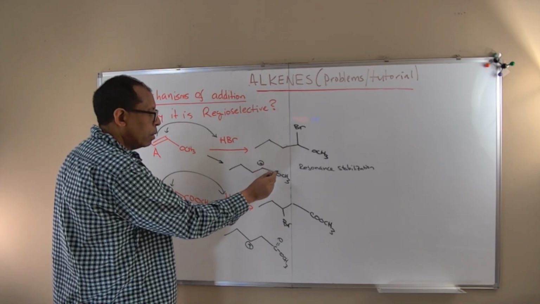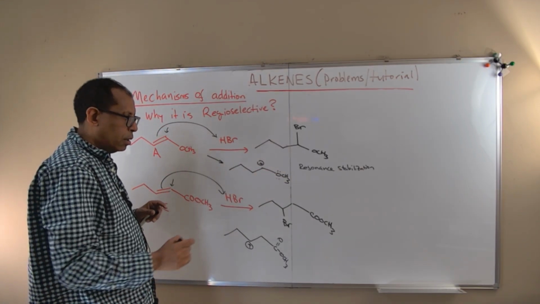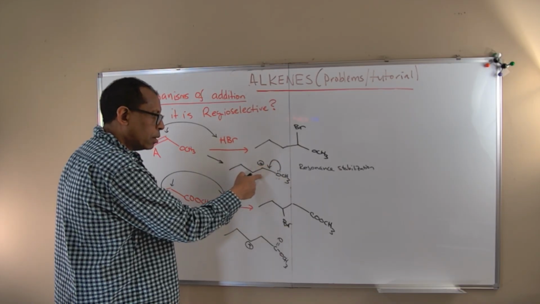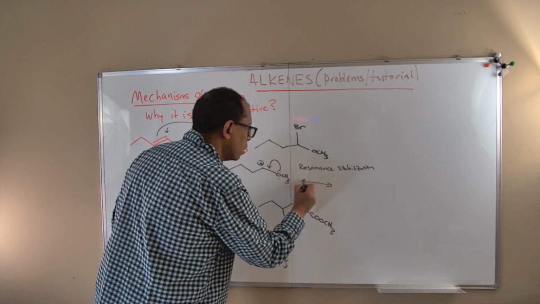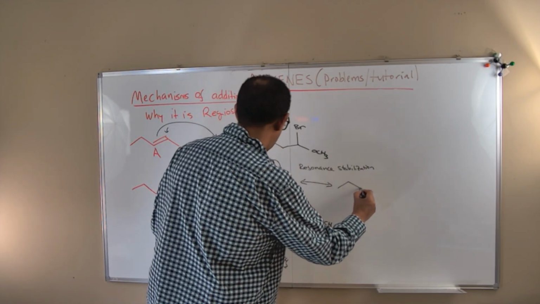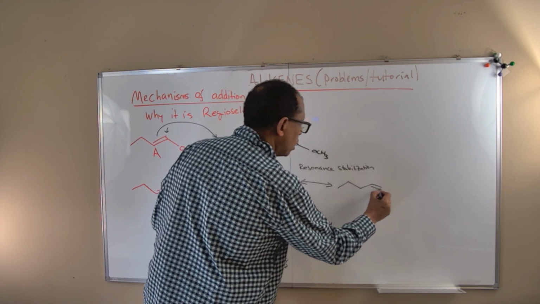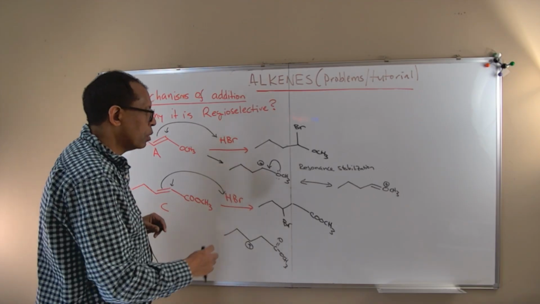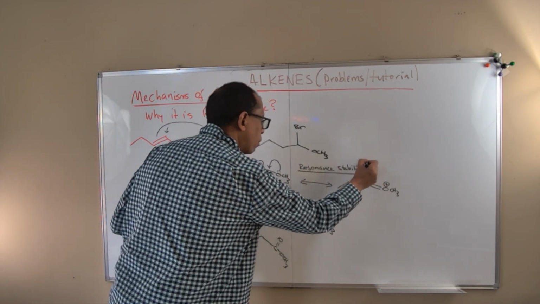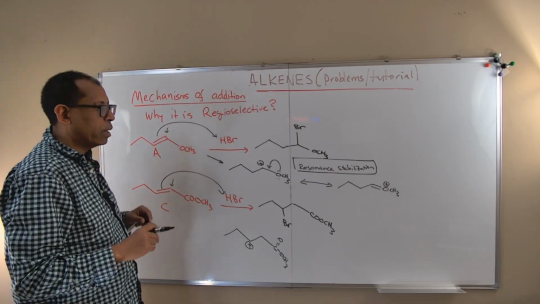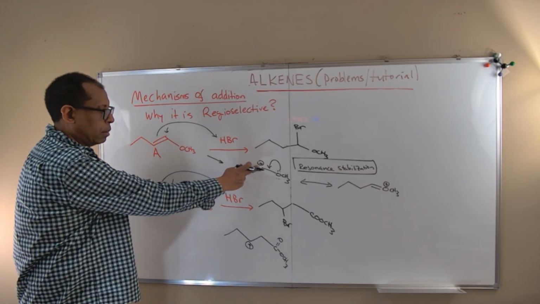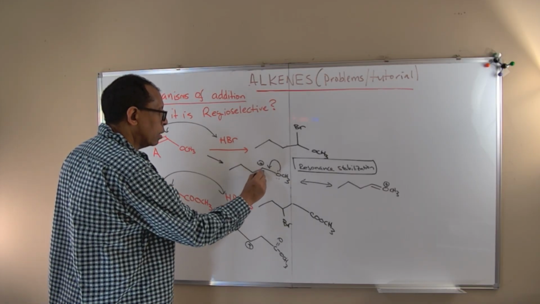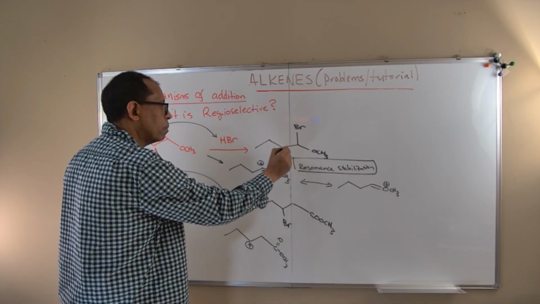If I draw a lone pair of electrons that are on oxygen, it can be resonance pushed into this carbon and forms this resonance structure. So it is this resonance stabilization that makes the carbocation form there. So the main concept for the top one is you can form a resonance stabilized carbocation at that position. Hence the Br minus comes and attacks that, and this is what you form.